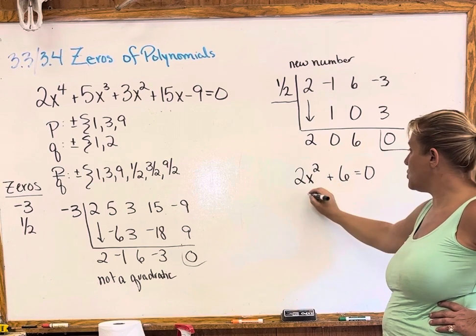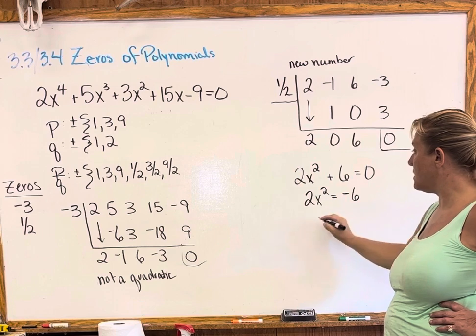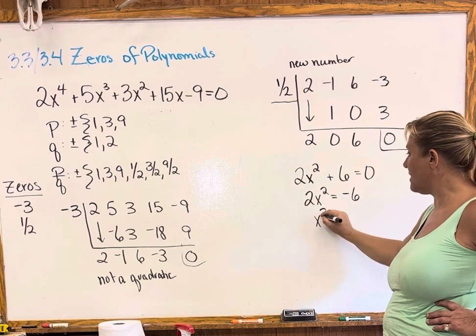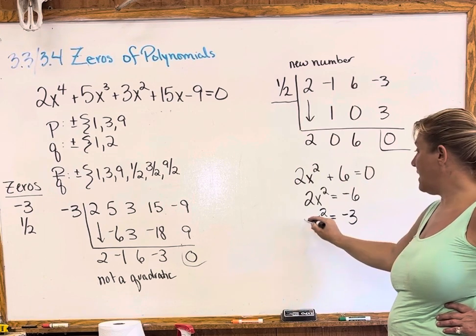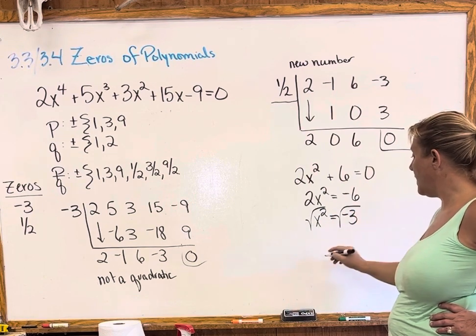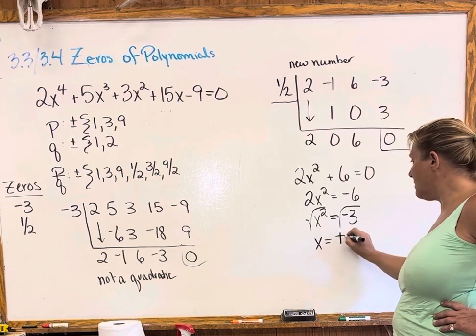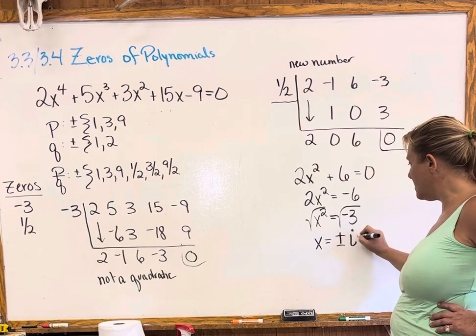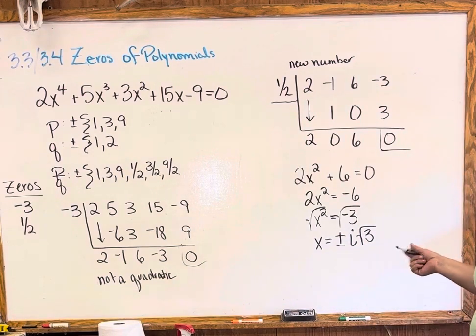So if we subtract the 6, we have 2x squared equals -6. Divide by 2, so we have x squared equals -3. And we're going to take the square root. And here comes the conjugate pairs theorem. Plus or minus i square root of 3, right? Because we can't do anything with the square root of 3, but we can bring out the i.